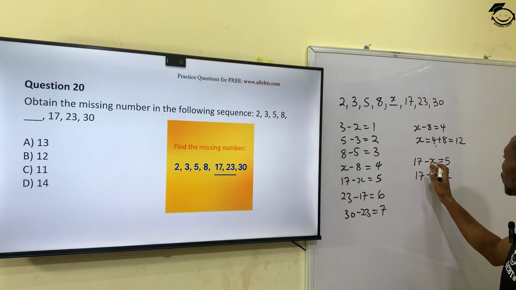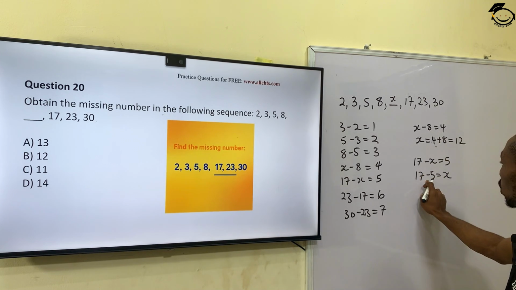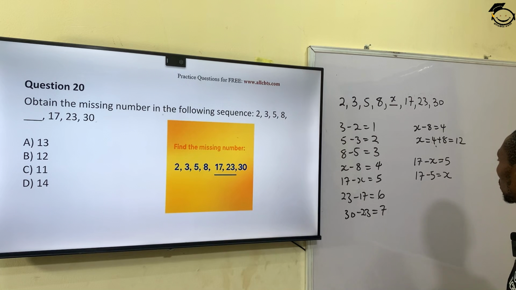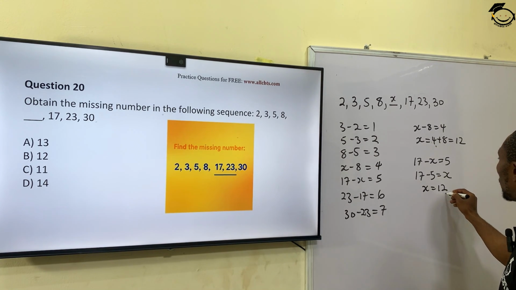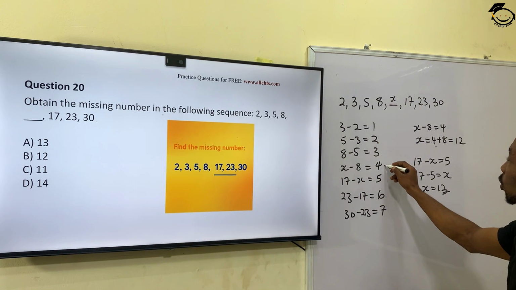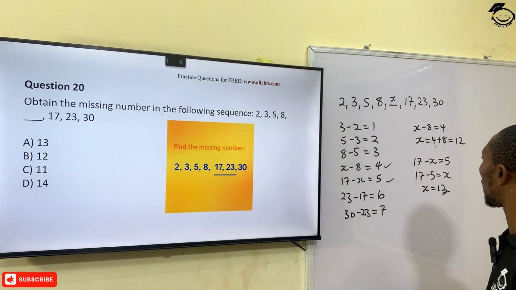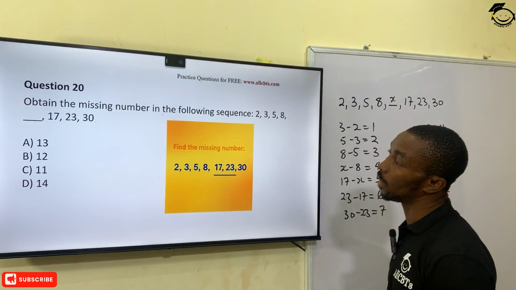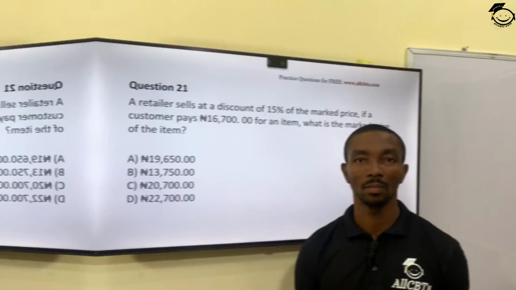Remember, if we have negative going over, it becomes positive, and positive going over becomes negative. So 17 minus 5 will give us x equals 12. So you can see that from both equations, our x is 12. So the missing number, our value here missing, will be 12, which is option B.